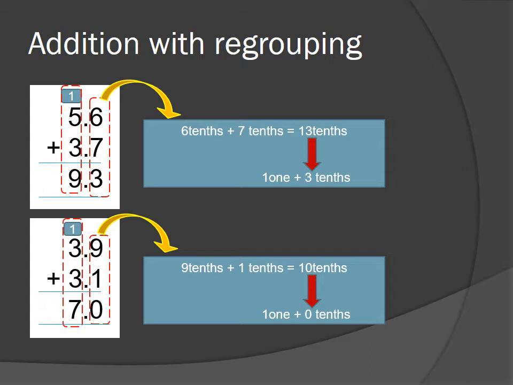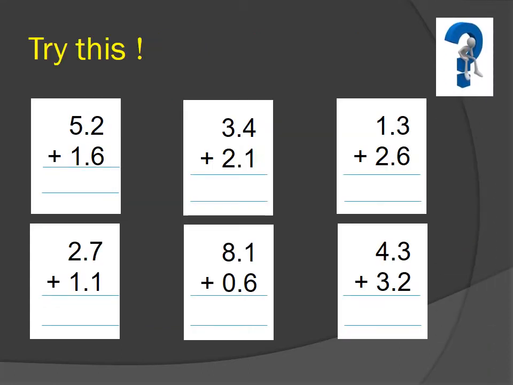So the final answer is 7.0. Okay children, now you can try to get the answers for these 6 questions using the previous method.